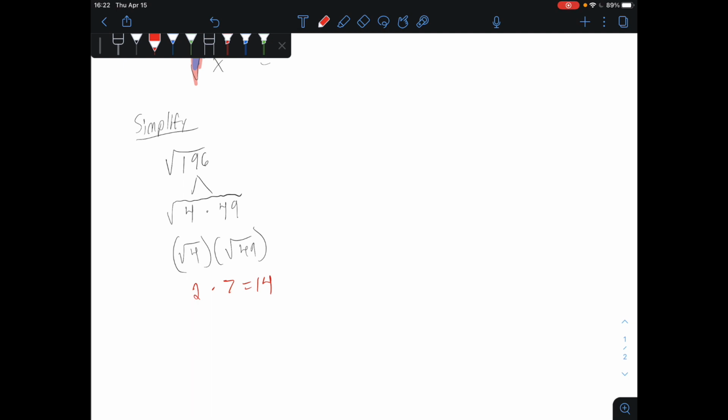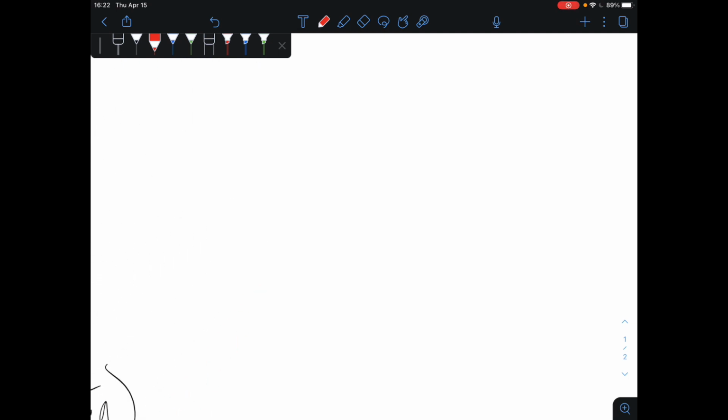Alright, moving on to the next problem. We have the square root of 75. We have kind of the same idea here, and we're going to see if we can figure out a perfect square times a number. So what are some of our perfect squares? Our perfect squares are going to be 4, 9, 16, 25.